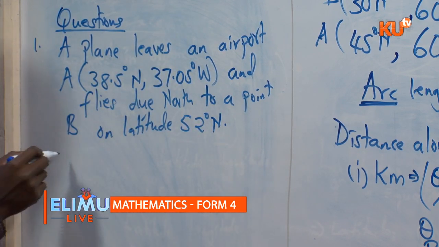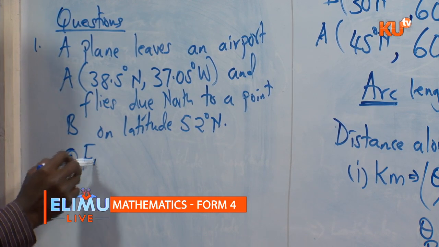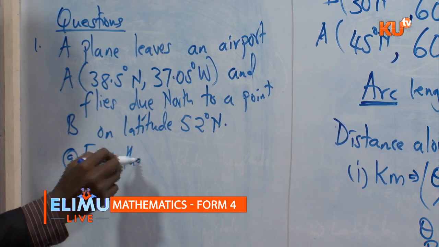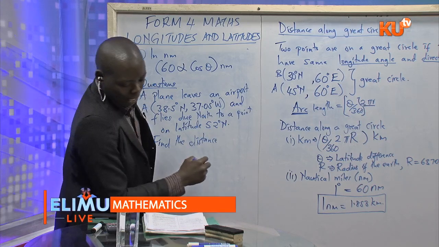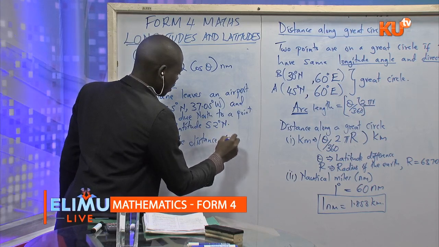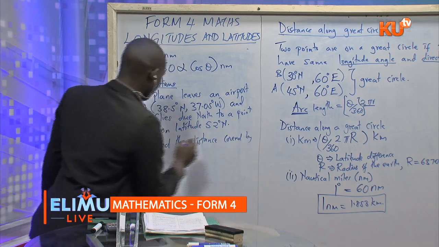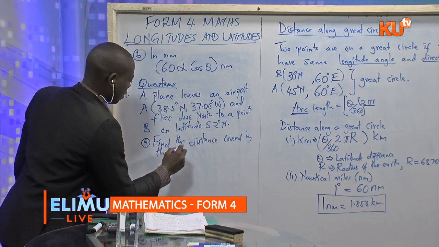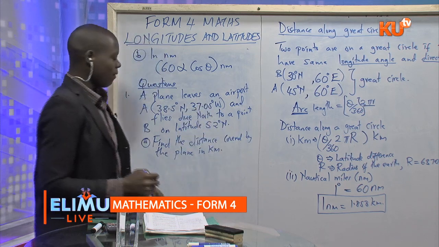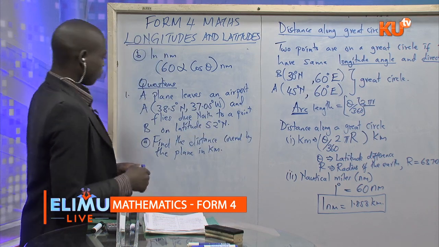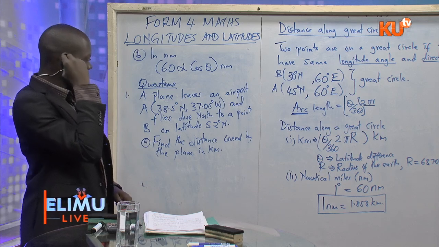The question is, part A, we find the distance covered by the plane in kilometers. That is the first part.